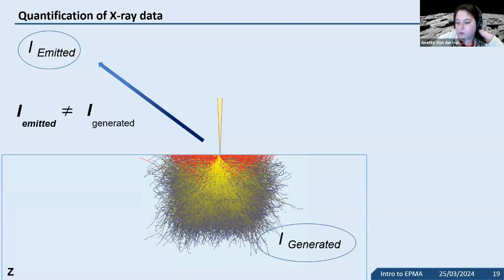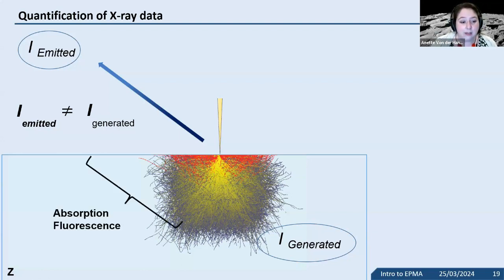So if we would just use Castaing's first approximation, it would mean that any processes that occur in our sample should have to be the same for our unknown and our standards, which is only true if they have the exact same composition. And of course, when we're analyzing our unknown materials, even if we would want to do that, we would have the problem that we would have to know what the composition is to know how we would match the standards, defeating the entire purpose of analyzing it.